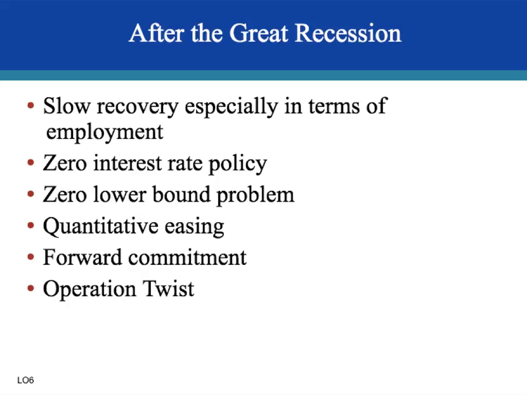This is where they would not say how long each policy would last. They basically wanted the banks to know that the policy wasn't going to be reversed anytime soon, and so for them to not have so much fear that it would be reversed, that they wouldn't lend out the excess reserves. And then we had Operation Twist.